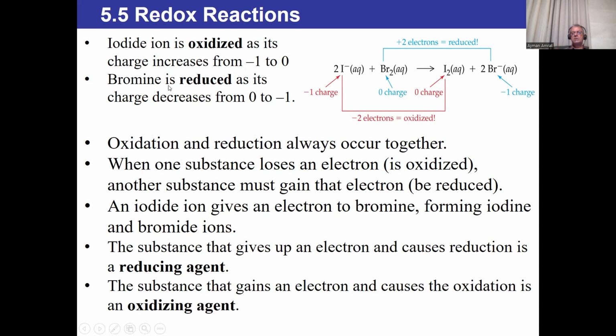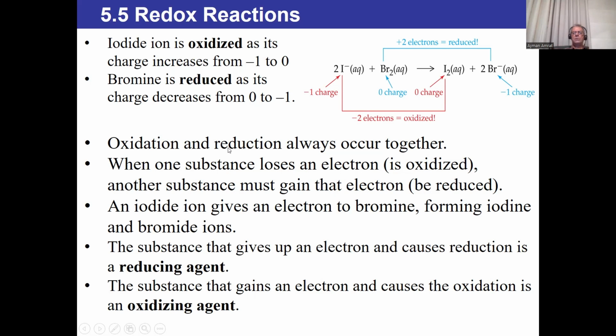Iodide is oxidized while bromine is reduced. Oxidized because each atom of I minus converts to 0. Each bromine is 0 charge and decreases the charge from 0 to minus 1.